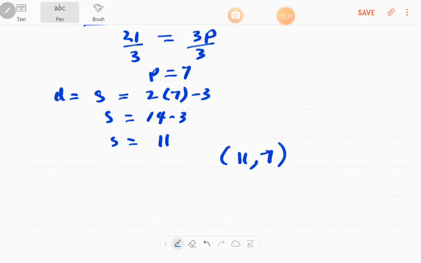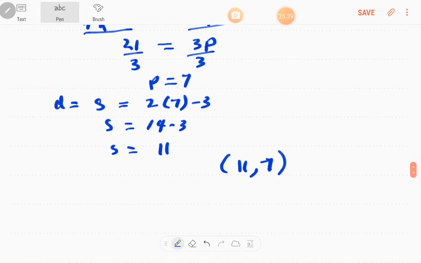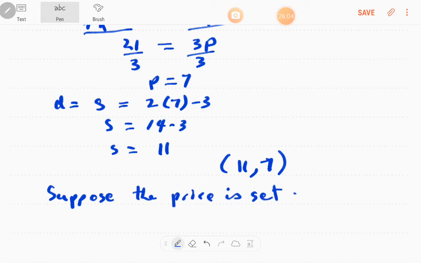Now one of the questions that may pop up: suppose the price is set at $14 from the previous example.